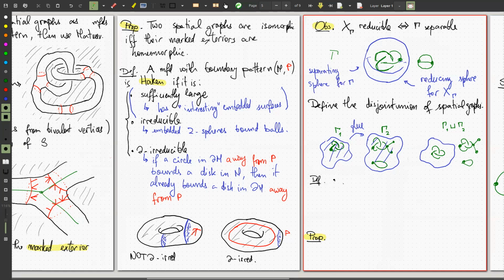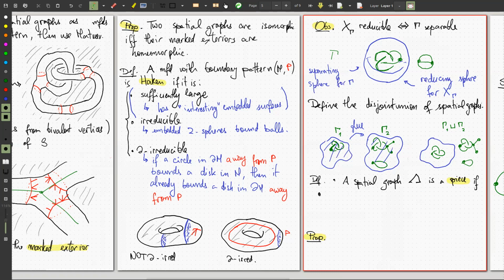So a spatial graph, now I'm going to call it lambda because that's the notation I like to use for things that you cannot decompose, is a piece if it satisfies two properties.